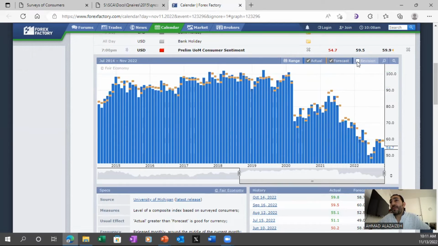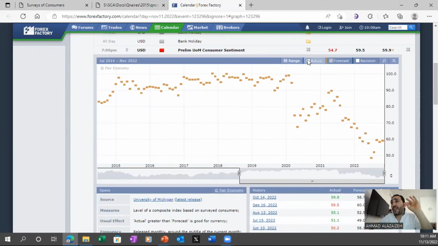This is revision data, and the revision data is not too important. The important ones are the forecast and the actual.